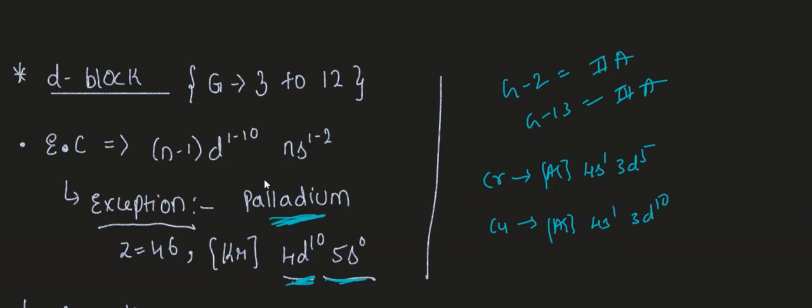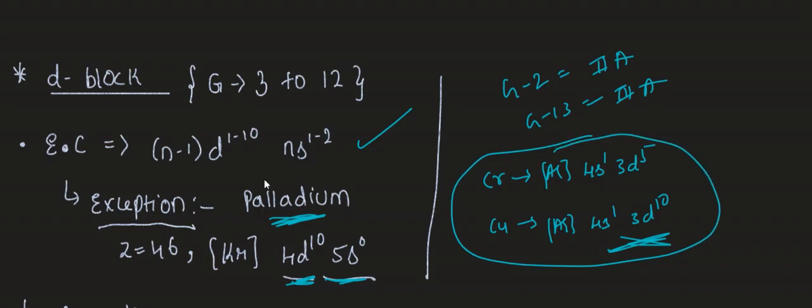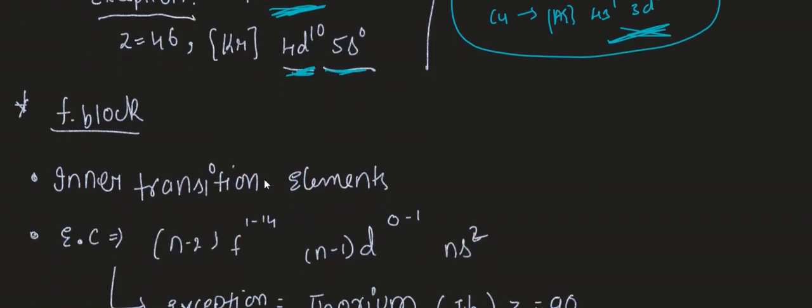This is exceptional electronic configuration. But still, is it following the general electronic configuration? Yes, it is. So palladium is an exception for the one that doesn't follow the general electronic configuration, whereas chromium and copper are not following the general trend of electronic configuration. Clear till here? Right, move to the next one.